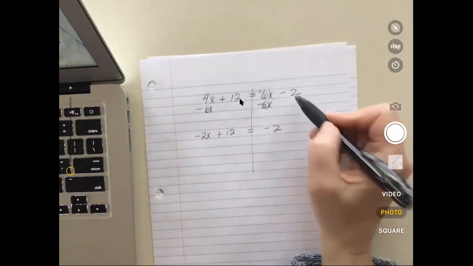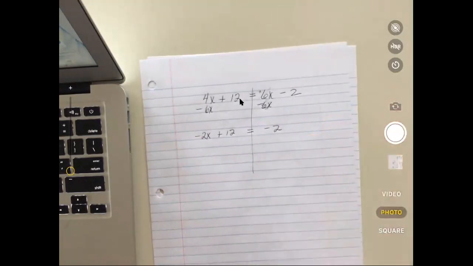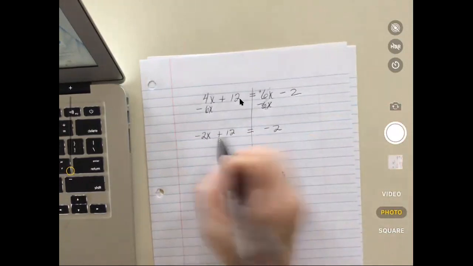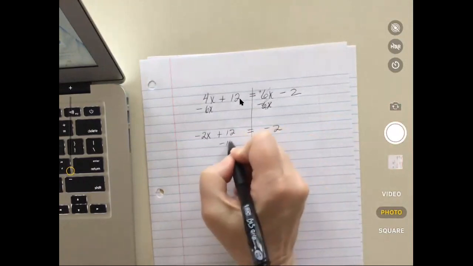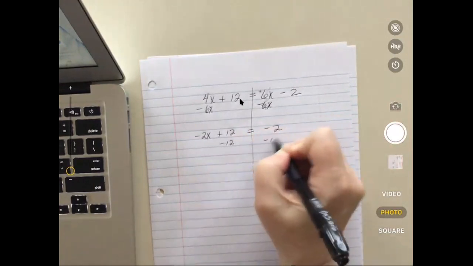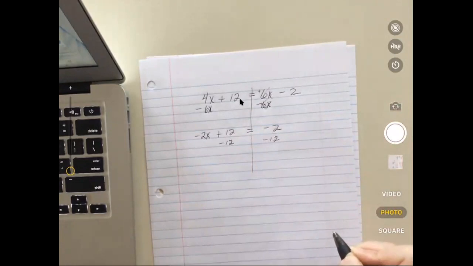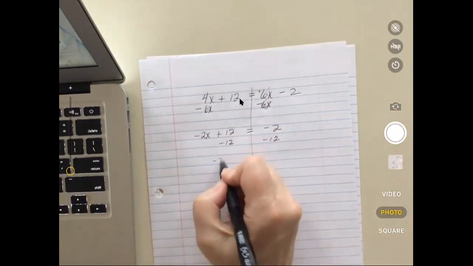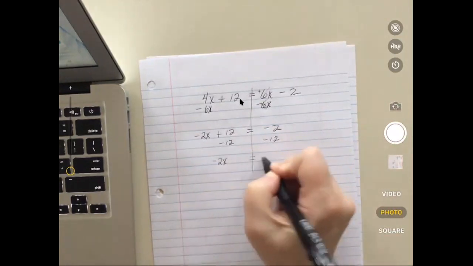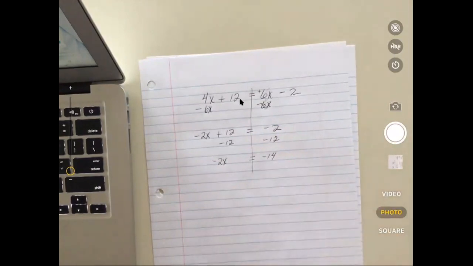And that -2 is still there. Now it's pretty similar to the one I did before. I want to get rid of that 12, so I'm going to subtract 12. -2x equals -14.